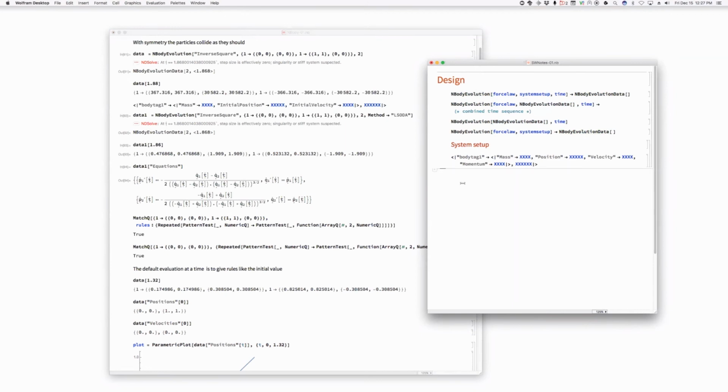So maybe we should say, okay, we've got extractors here, or properties. Among those properties, one would be, I think, something like position equations. But we want something, what are these?